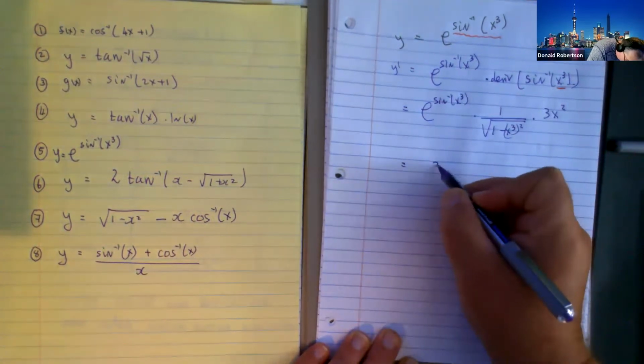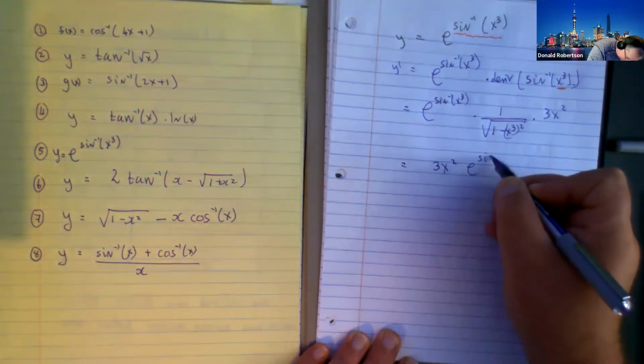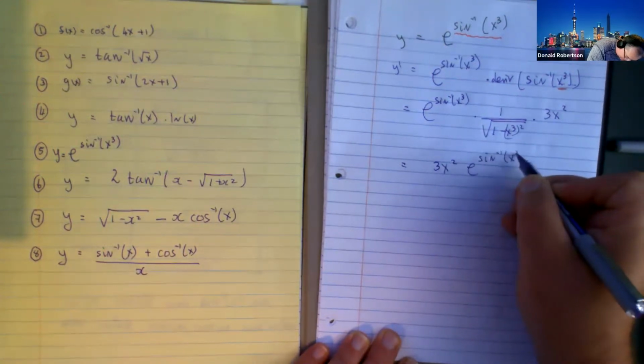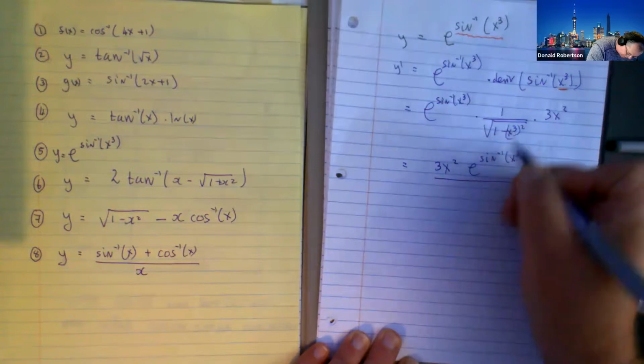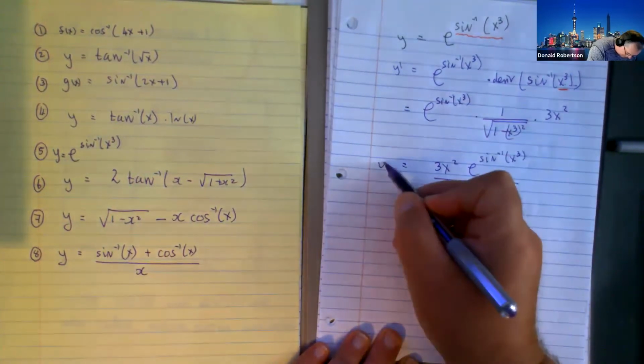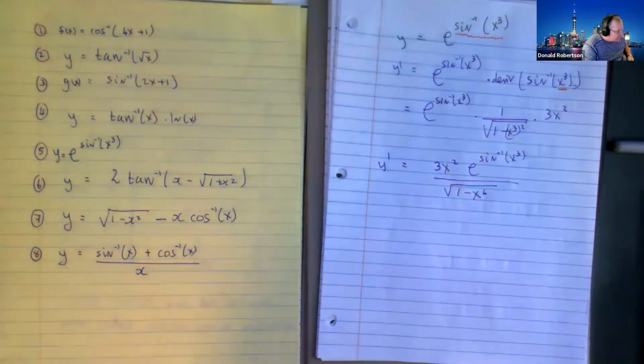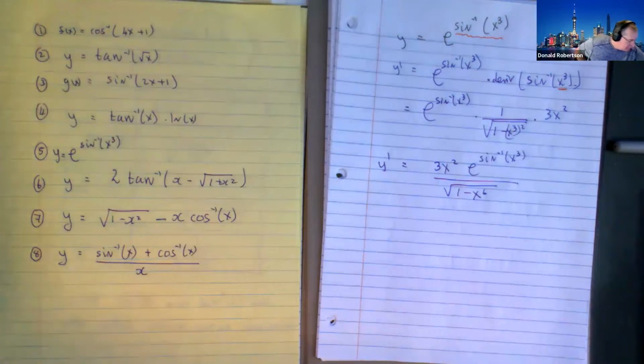And so this is me just making it look pretty. And that becomes x to the 6. And that's it. Can't do any more. That's as good as that expression's ever going to look, I think.